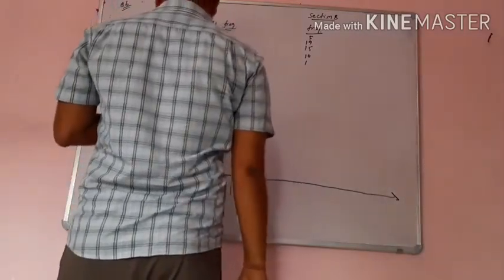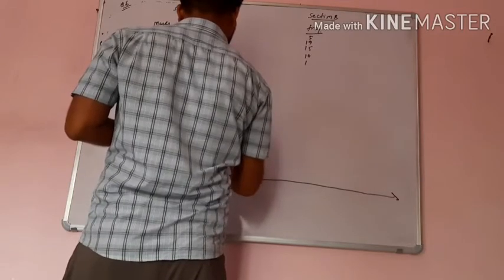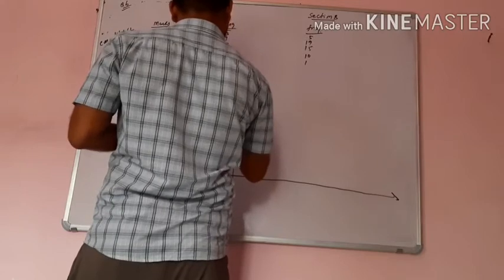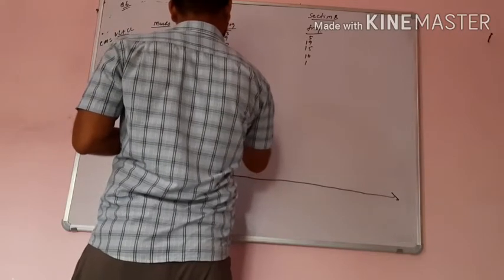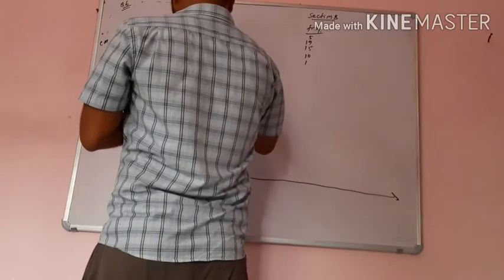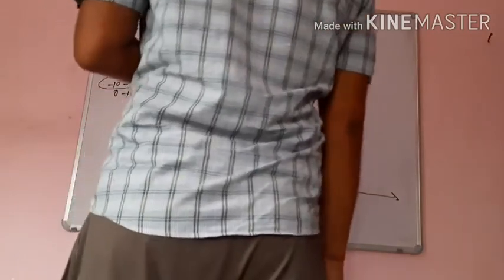Now taking 3, 6, 9, 12, 15, 18 and 21 on the y-axis, I will draw section A by blue marker and section B by black marker.